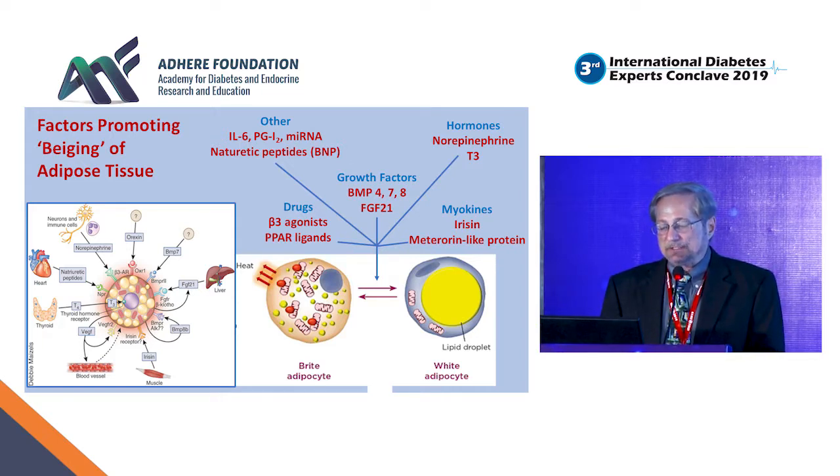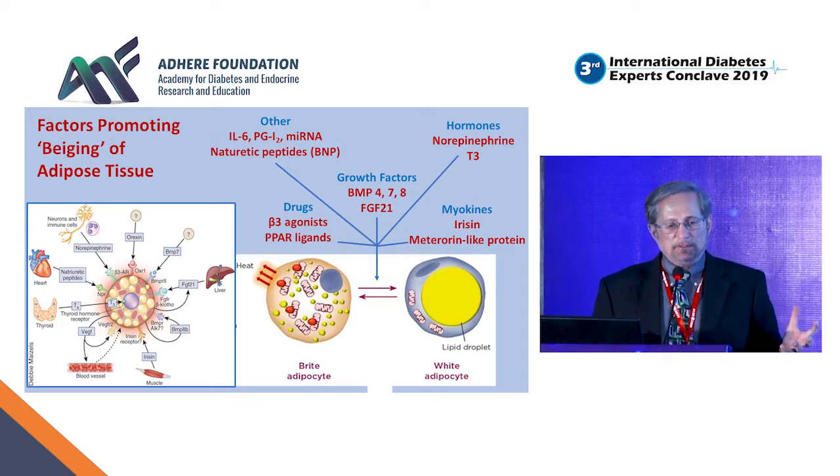This includes natriuretic peptides, hormones such as norepinephrine and T3, growth factors such as bone morphogenic protein, FGF21, drugs such as beta-3 agonist and PPAR ligands, and myokines, factors from muscle tissue like irisin and meteorin-like protein, which can be released into the bloodstream and act on white cells and induce a beige phenotype.